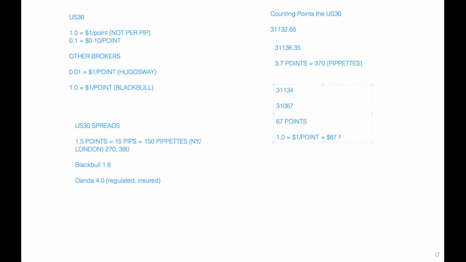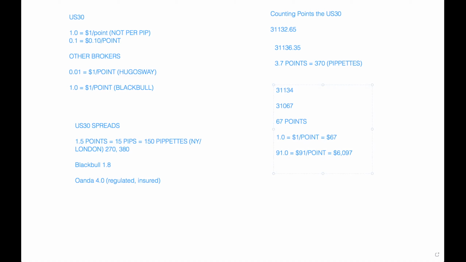The bigger your lot size, the more you would have made. So if you were playing a 91.0 on my broker, that would be worth $91 per point. And then you would go $91 times 67 is $6,097 on that trade. Okay, and then again, keep in mind that this works exactly the same way in reverse.